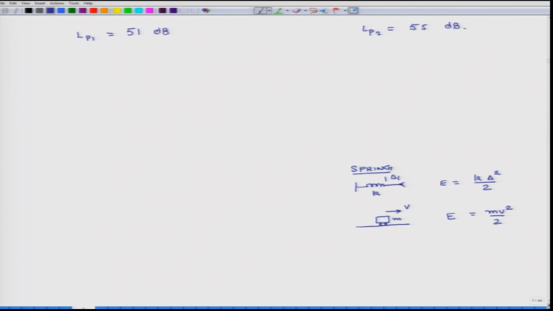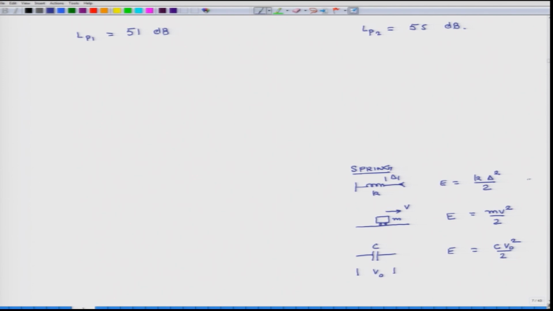Consider a capacitor and I apply a voltage of V naught. What is the energy stored in this capacitor? It is C times V naught square over 2.